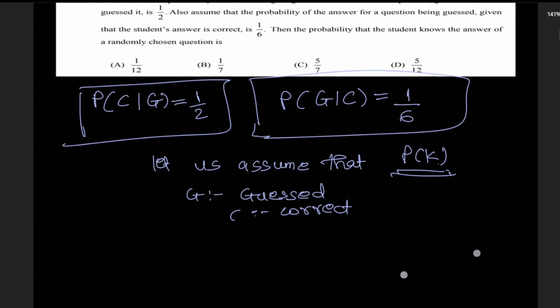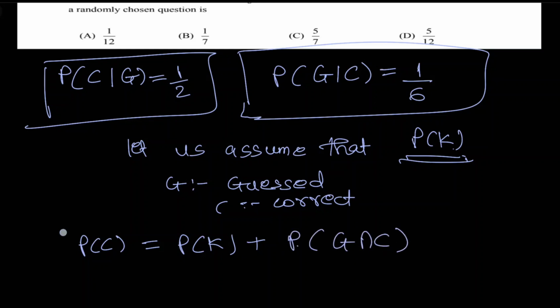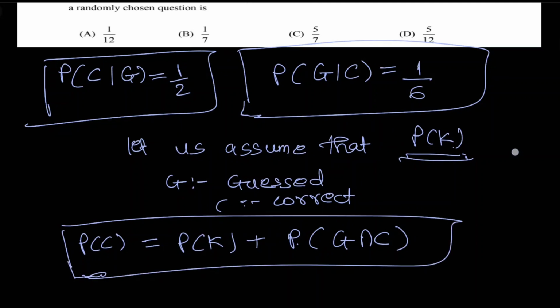So we will firstly write probability of correct. So probability of correct equals probability of knows, because he is correcting all the questions which he knows and he is guessing the remaining questions. So probability of correct equals probability of knows plus probability of guessing and correct. This is our probability of correct.